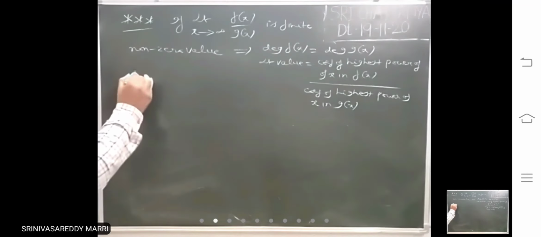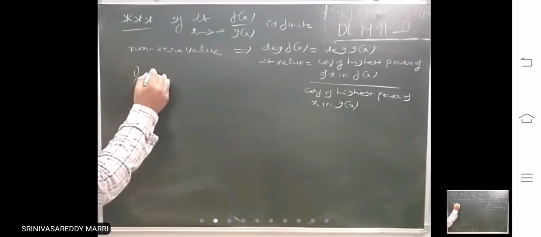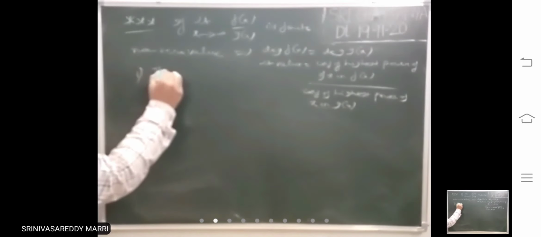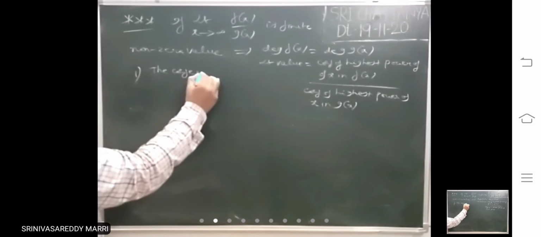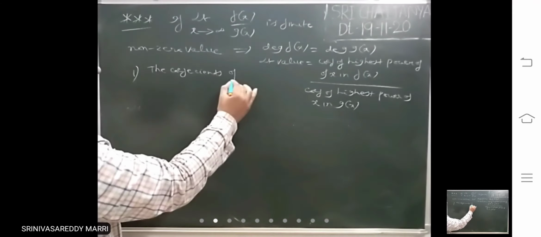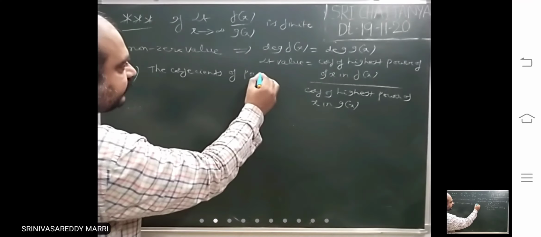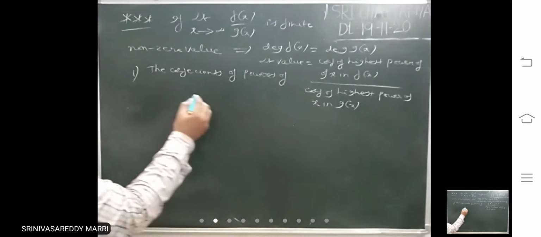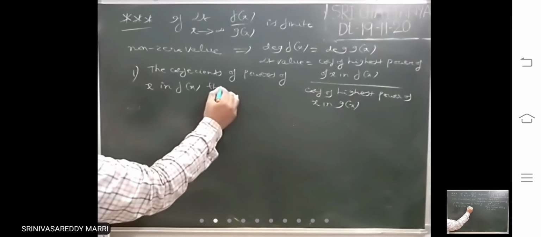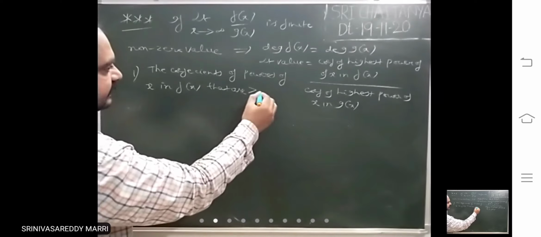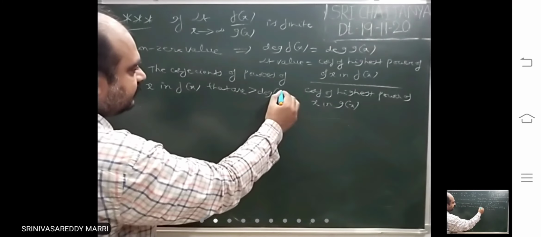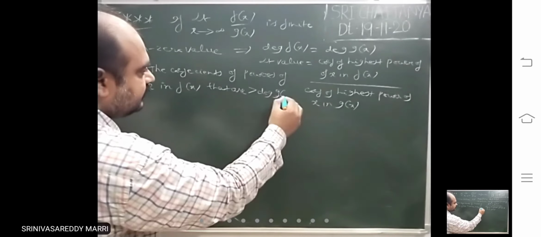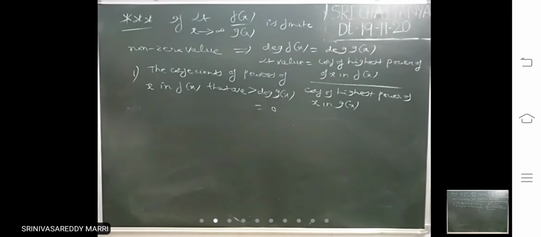What you have to do is, as you know that the degree of f of x equals the degree of g of x, the coefficients of the powers of x in f of x that are greater than the degree of g of x must be 0.